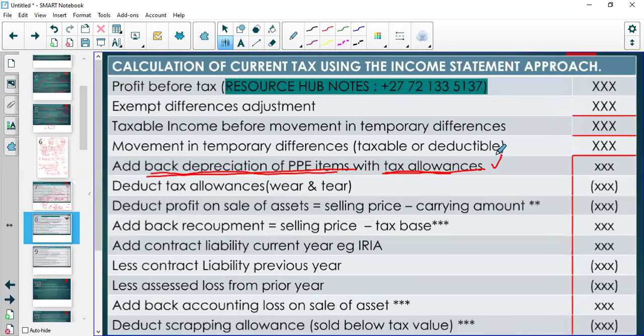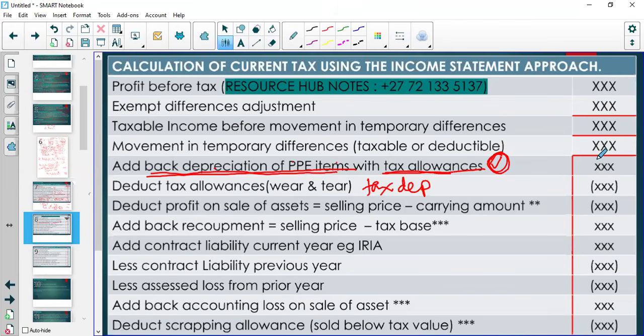And why is that the case? Well, this is interesting because SARS says you calculated the depreciation based on your own depreciation policy. SARS has their own tax depreciation, which we subtract.